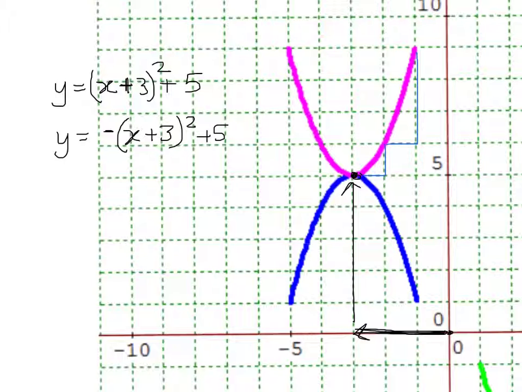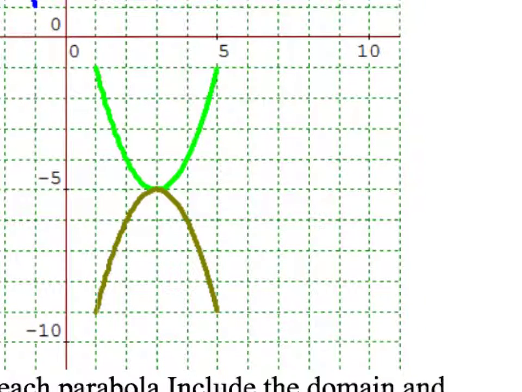Okay, the next graph we can look at. Let's see what we've got. Okay, this bright green one. Now, is this a standard graph or has it been stretched? We can see from the vertex it goes across one, across one, up 3. So it's a standard graph.